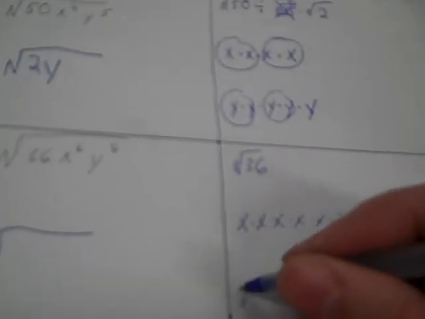Now the next one's the same idea. I make my own square root, and I need to get as much of that expression outside of the square root as I possibly can. So I have the square root of 36, and then x to the 6th would be x times x times x times x times x times x. And then y to the 8th would be y times y times y times y times y times y times y times y.